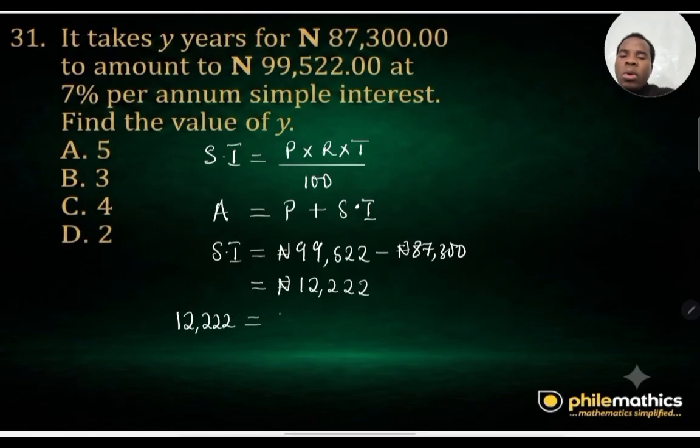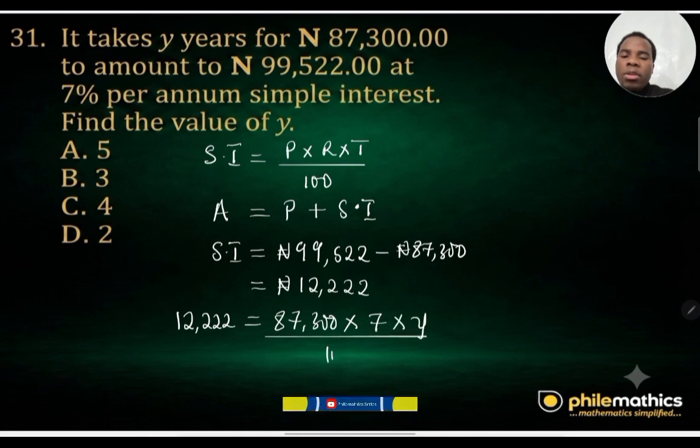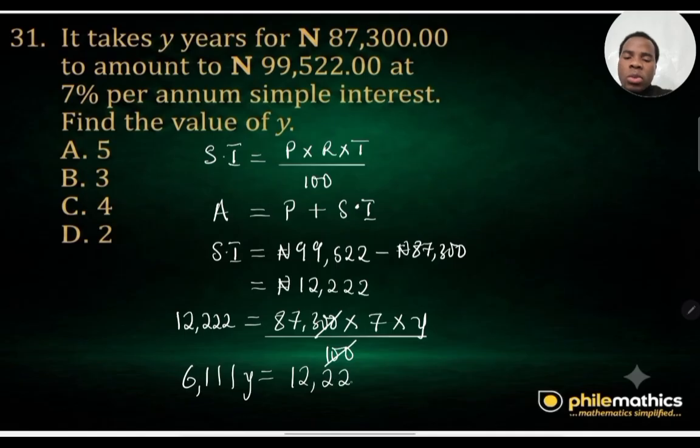If we have gotten this, we can substitute into the formula. 12,222 equals principal, 87,300, times rate 7, times time Y, over 100%. 100 can cancel this 00. 7 times 873 will give us 6,111, so 6,111 Y is equal to 12,222.